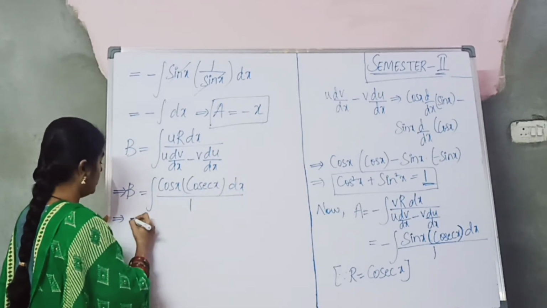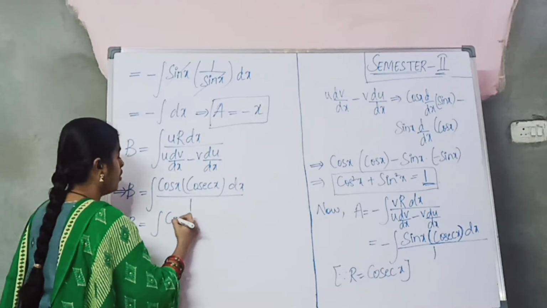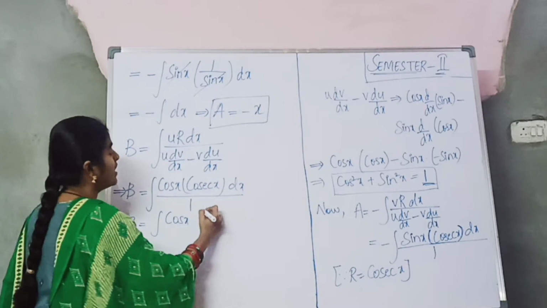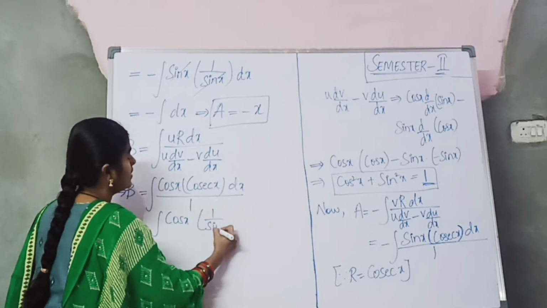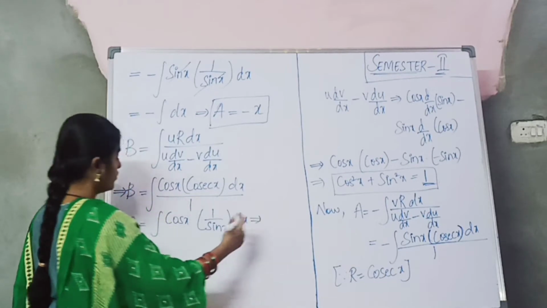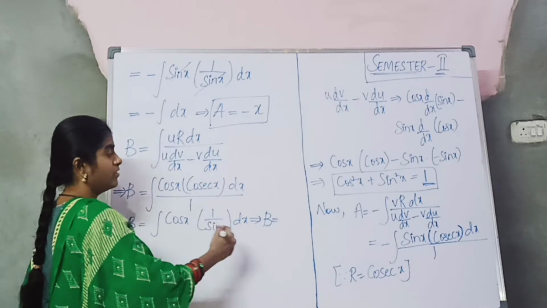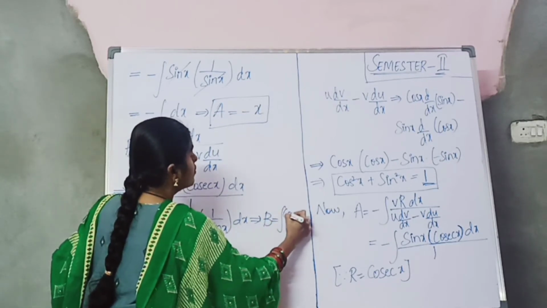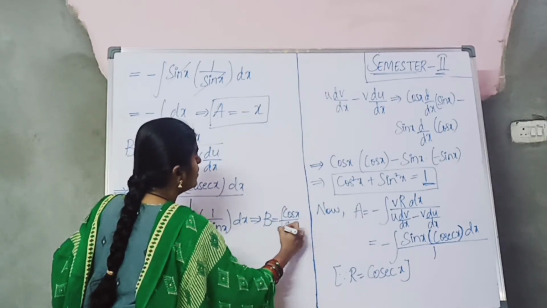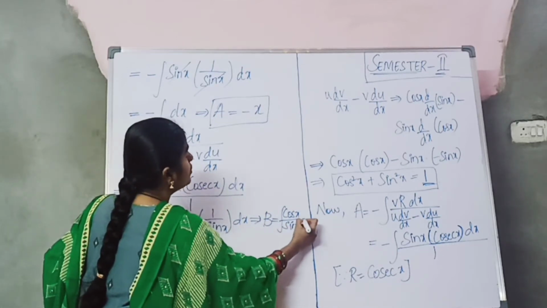So b equals integral of cos x, cosecant x can be written as 1 by sin x, into dx. So b equals integral of cos x by sin x into dx.